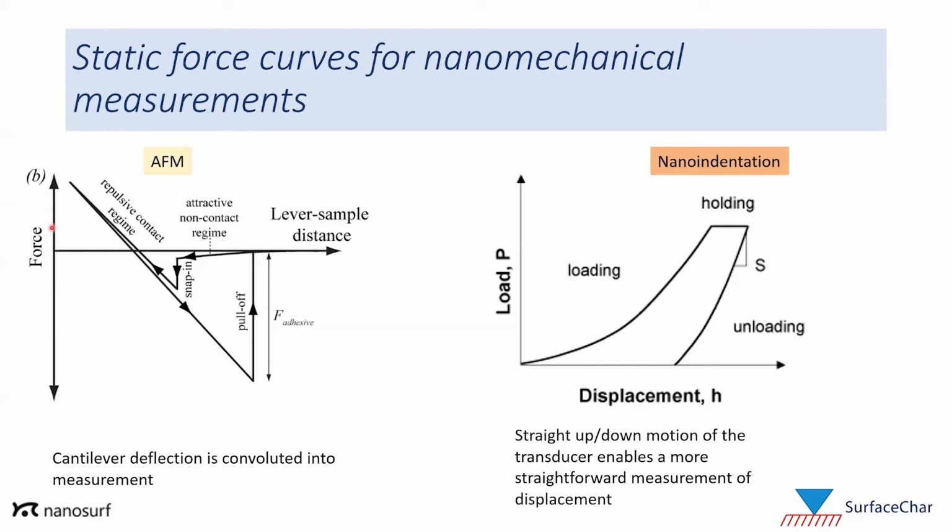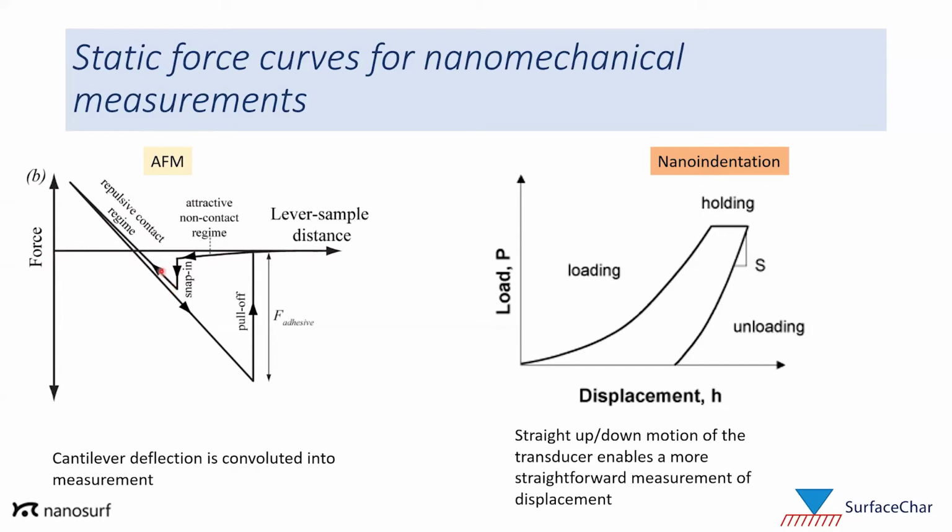So for AFM now, we have obviously force here on the y-axis, and then tip-sample indentation here on the x-axis. As we come in from the right, we approach the surface, and then we're going to get very close, and we're going to get a snap-in of the cantilever into the sample. Now we're in contact with the sample.